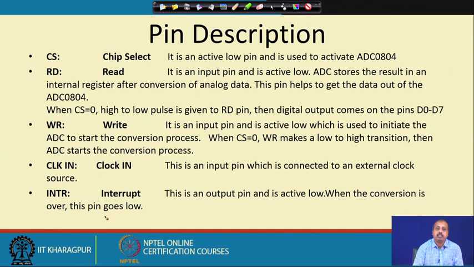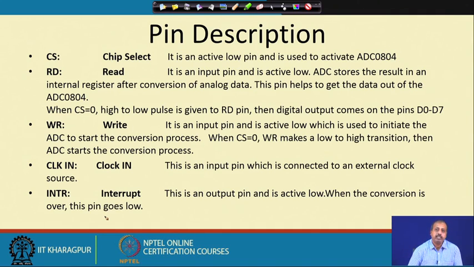Think about the situation where you have connected one ADC with a microcontroller, and the microcontroller has given the CS bar signal and write bar signal, and given a low to high transition on write, so that it starts converting. Now, depending upon the type of ADC, it will take some amount of time to do the conversion. So, what does the microcontroller do in that period of time?